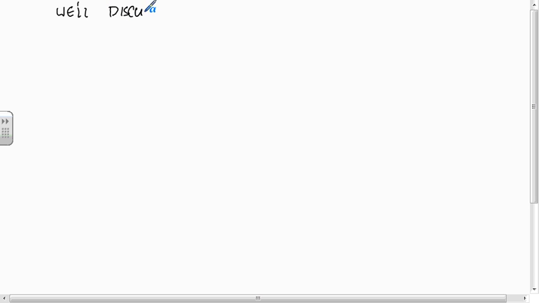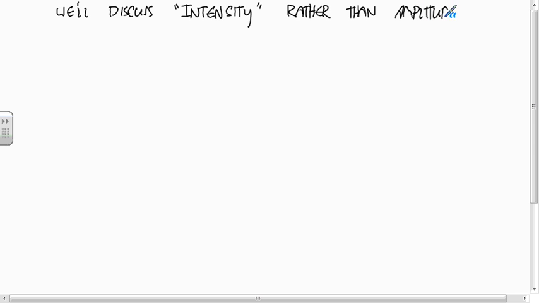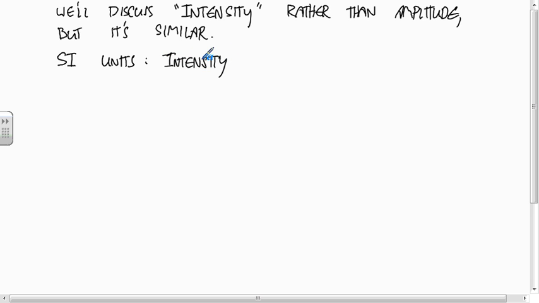We'll discuss intensity rather than amplitude, but it's similar. The SI units for intensity are watts per meter squared.